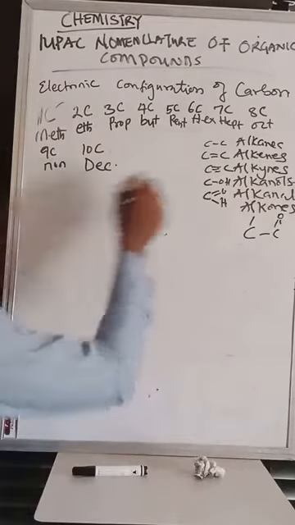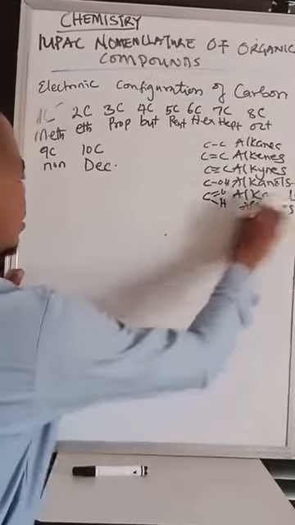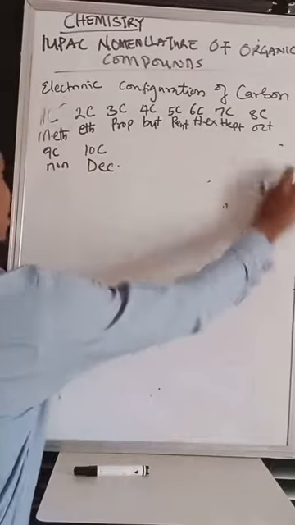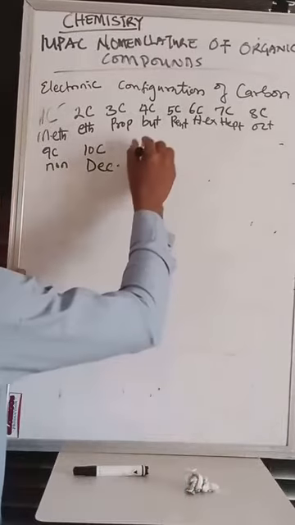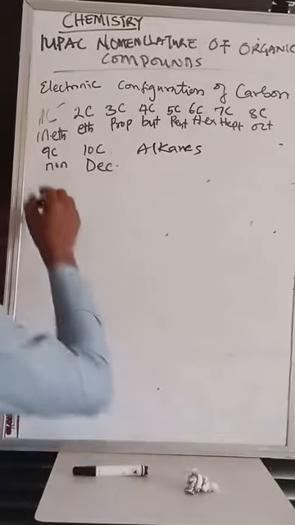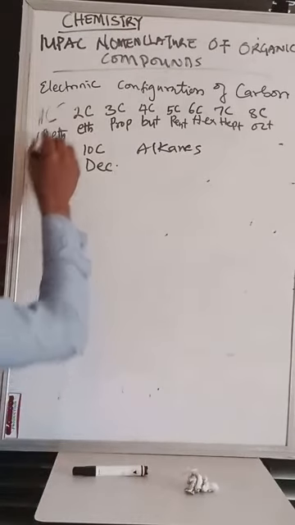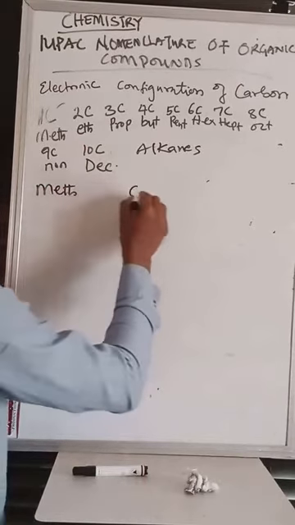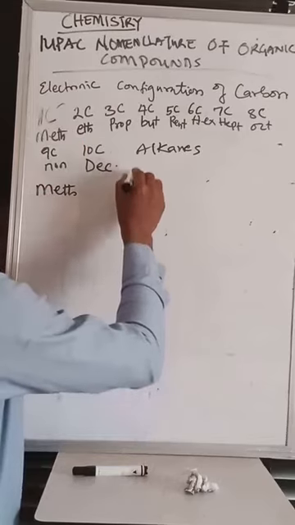Now, let's start with the alkanes, for instance. The alkane series, how do you name them? For the alkane series, we have one carbon as meth. So the first member with one carbon has nothing else bonded to it except hydrogen, so we definitely satisfy this.